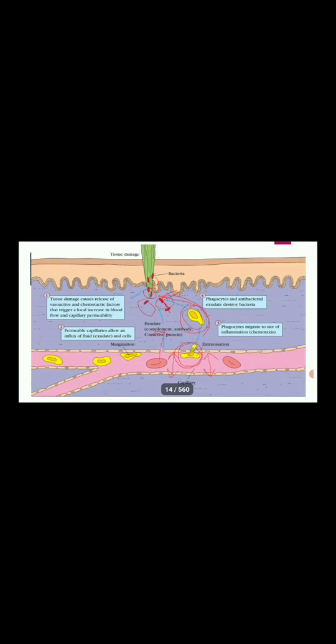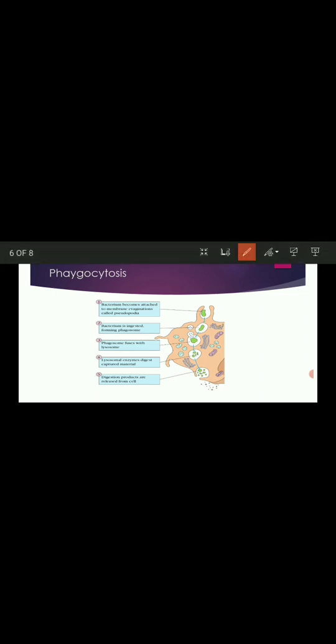The next one is phagocytosis, and it is the most important step to understand the whole engulfment of bacteria or other pathogens. Here is the phagocytosis. When bacteria come in contact with the phagocytic cells, the bacteria get inside the macrophages or phagocytic cells.